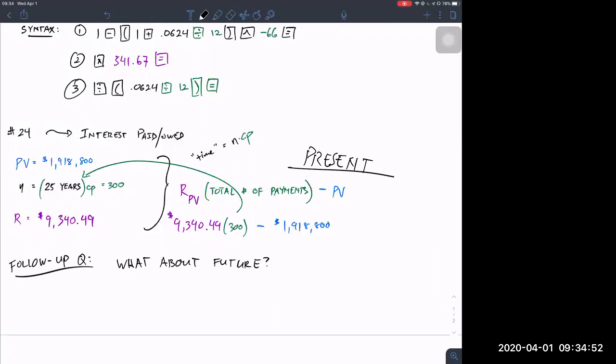The question specifically is which variable holds, in quotation marks, the interest.